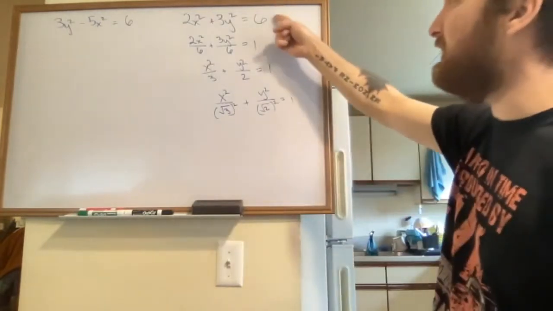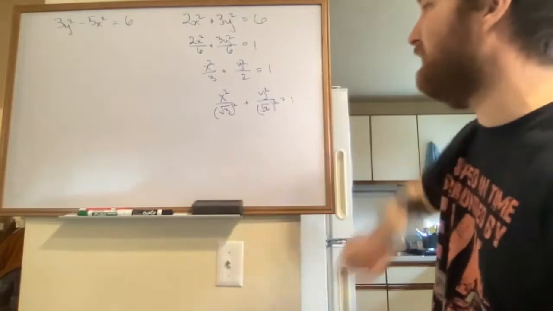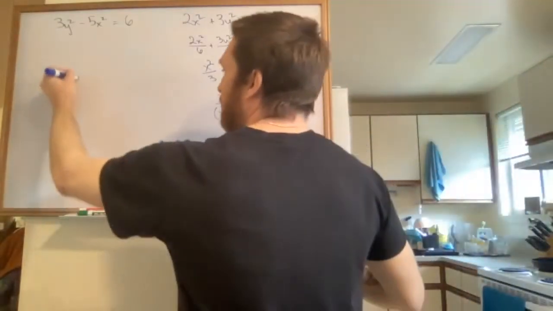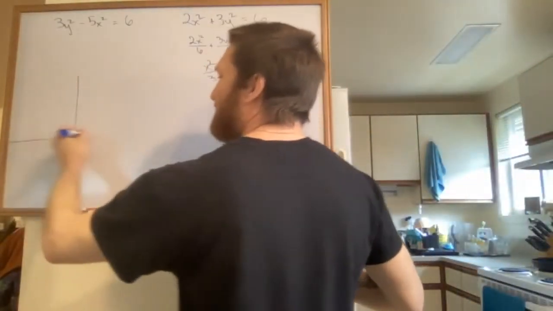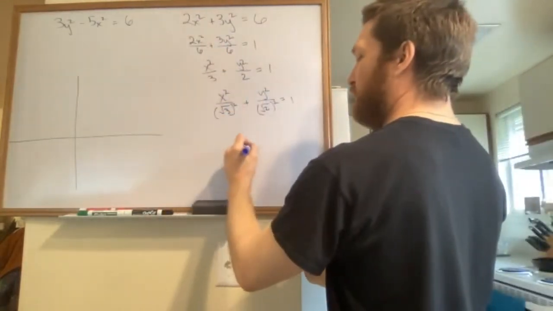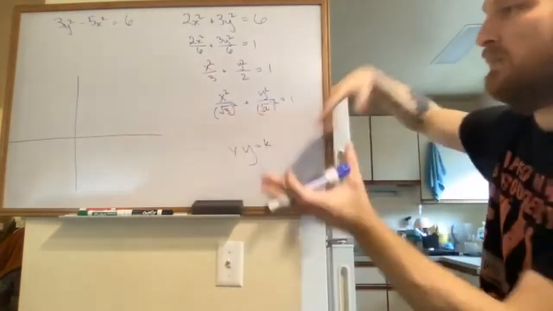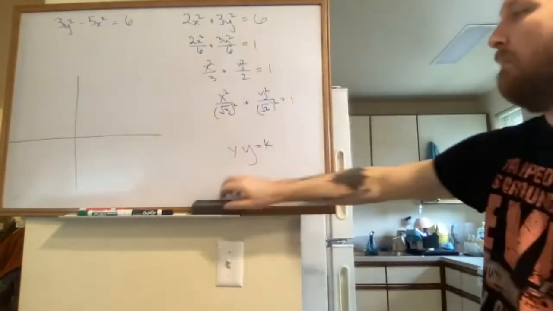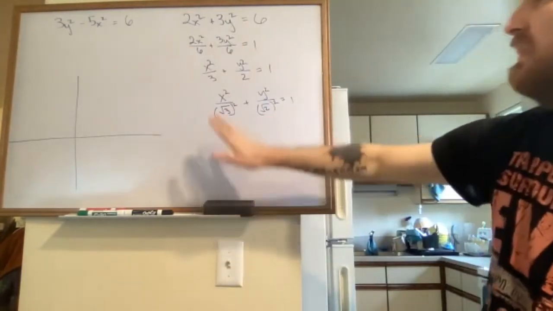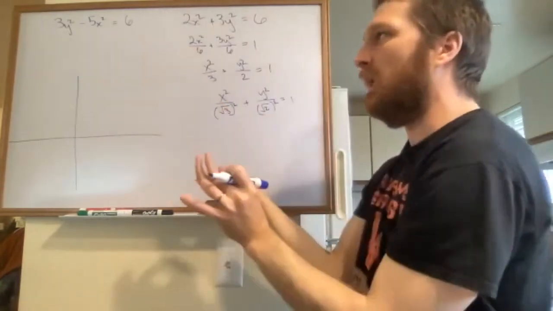So I take this thing, divide both sides by 6. I end up with this and end up with this. And so I'm going to draw. In this case, since it's not one of those weird ones with the xy equals k hyperbolas, which we can't really wrap our minds around, this is something that we actually can find some points and find out where they live.